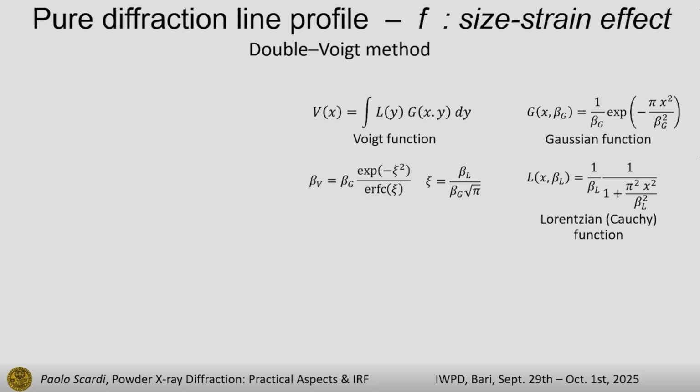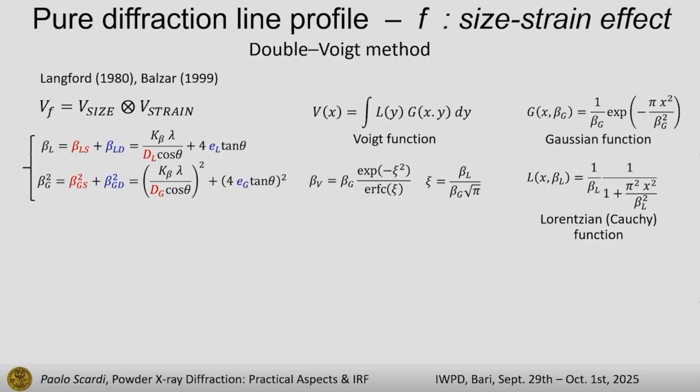Now, if you take this definition of the Voigt function, the double Voigt assumes that you can deal with the size and microstrain effects using a convolution of two Voigtians. The nice property is that if you convolve two Voigt functions, you have another Voigt function whose Lorentzian and Gaussian components combine this way.